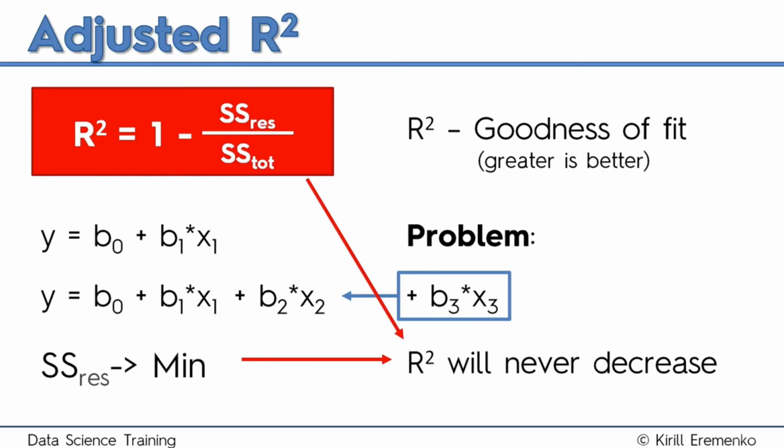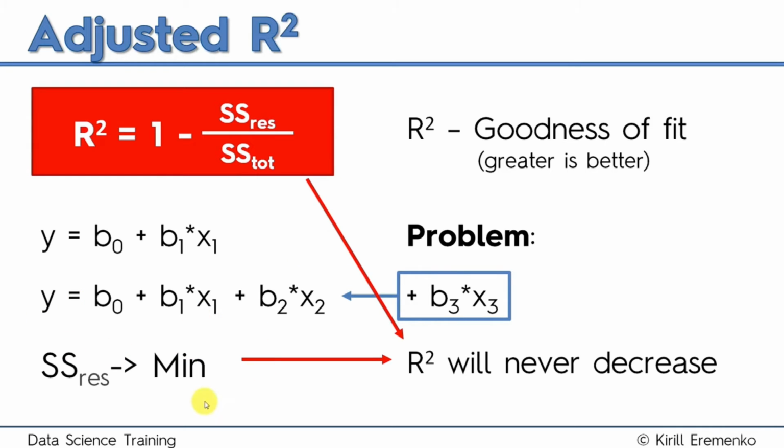Let's go through that in a bit more detail. I'm going to use my mouse here because this is quite an important part. R squared over here is equal to 1 minus the sum of squares of residuals divided by the sum of squares total. Once you add a new variable to your model, it is going to somehow affect what the model looks like.